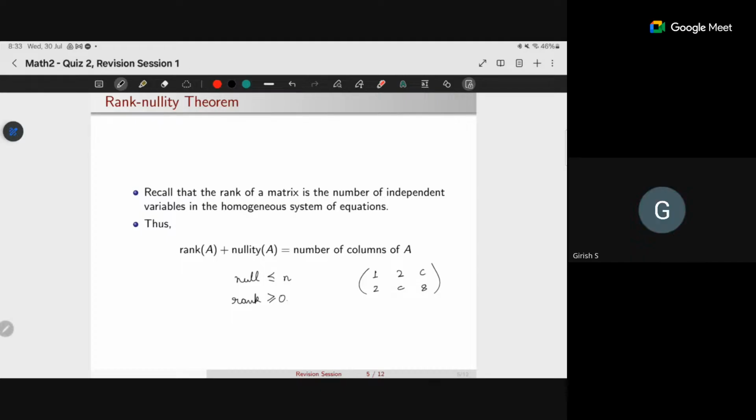Depending on the value of C, the rank can be 1 or 2. If C is 4, rank is 1. If C is not equal to 4, rank is 2.